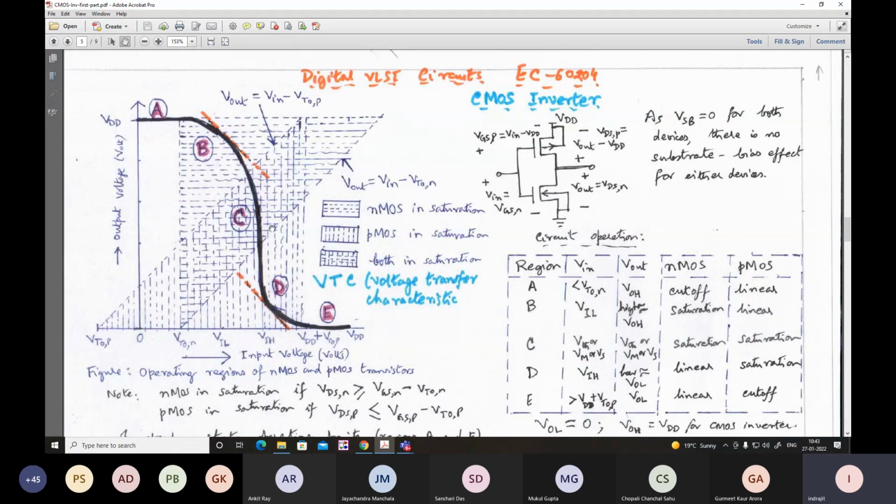Also, we have drawn 2 straight lines with unity slope.